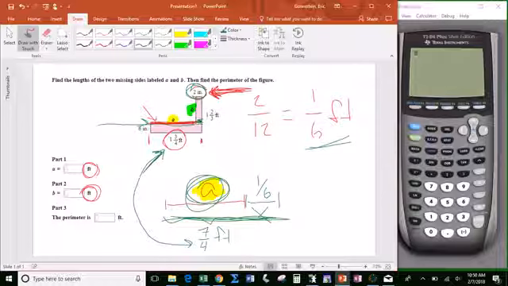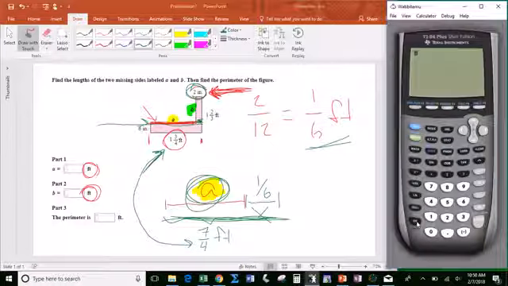Now you could do this with paper and pencil, or on the calculator, however you want. I'm going to use the calculator because I have it open. So 7/4 and subtract off 1/6.